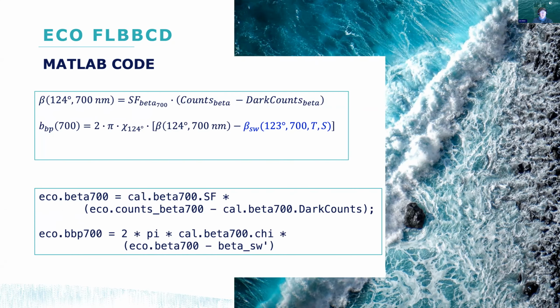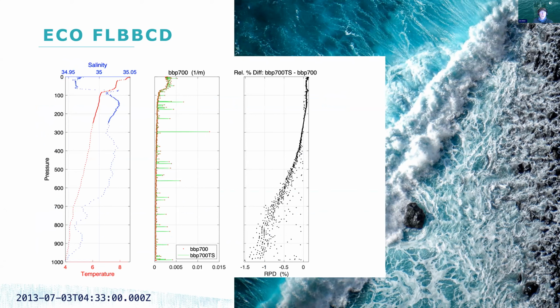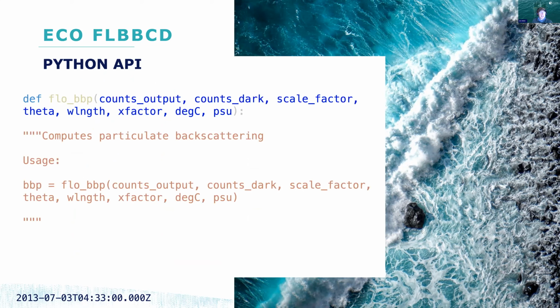So there was our MATLAB code. Here is the MATLAB output of the table, which we saw. Here was the graphical output that we looked at. Here was the Python API, just to remind you, since you won't have access to the full code yet.